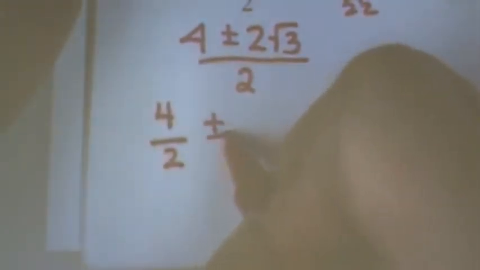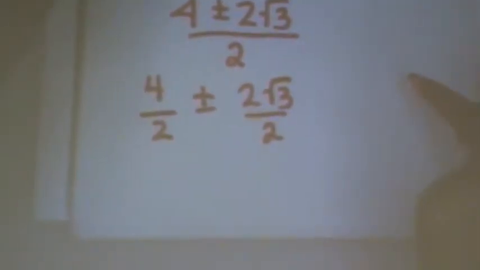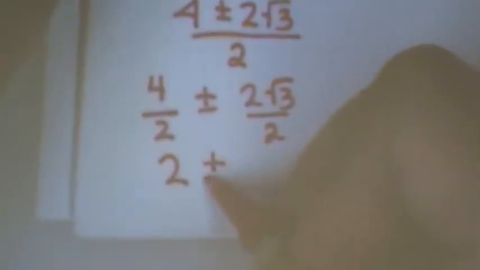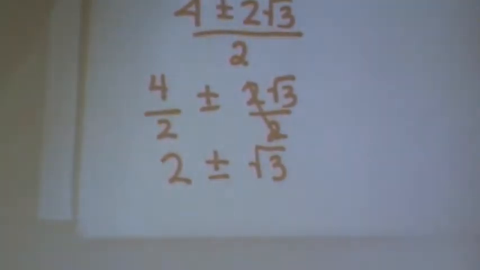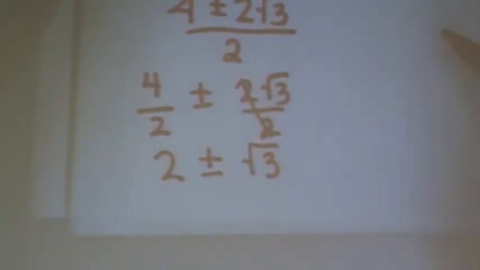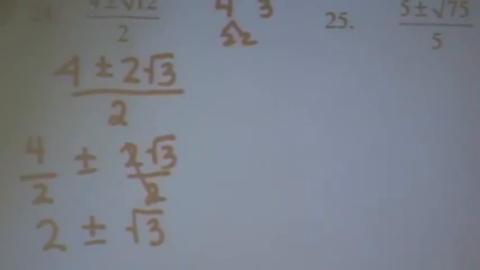You do this, 4 over 2 plus or minus 2 root 3 over 2. That might be easier for you. Now go ahead and cancel. What is 4 over 2? And then you can cancel these and you get root 3. Okay, so that might be easier for you to do that way. Because I tell you what, you might have something like this.